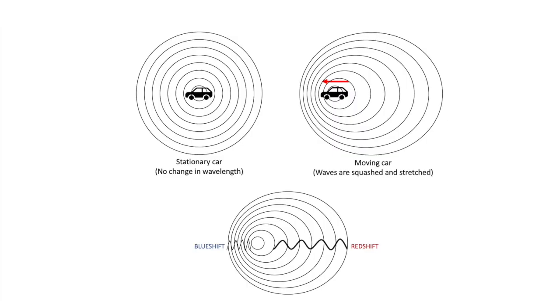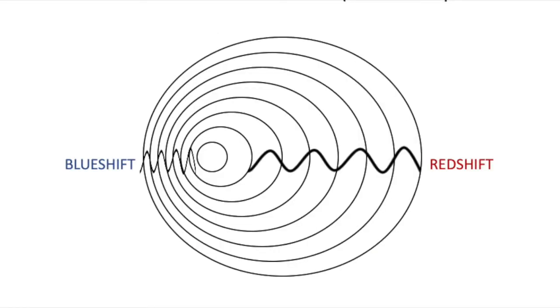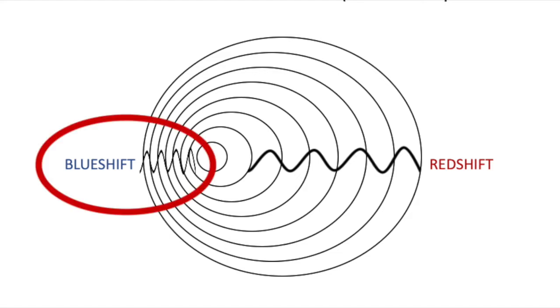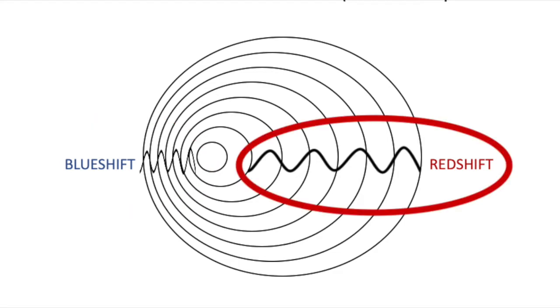When we translate this into talking about exoplanets, we're not talking about the sound that a star makes, but the light that it emits. When we look at light in the rainbow, we call the light coming at us, when it's all crunched, blue shifted, and when it's leaving us, red shifted. If that doesn't really make sense to you, that's okay.